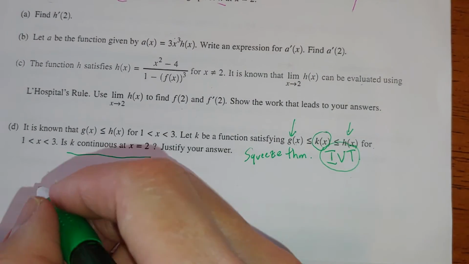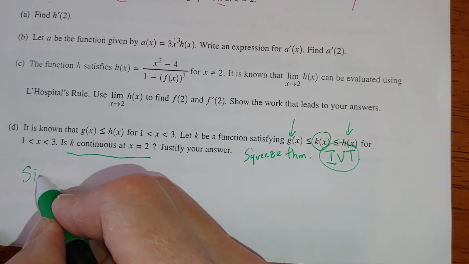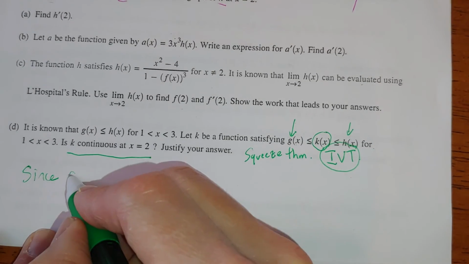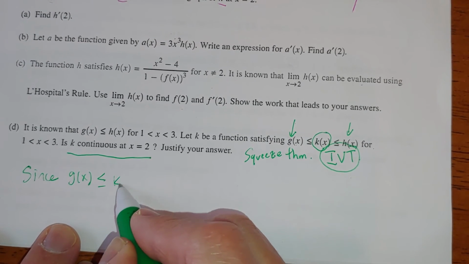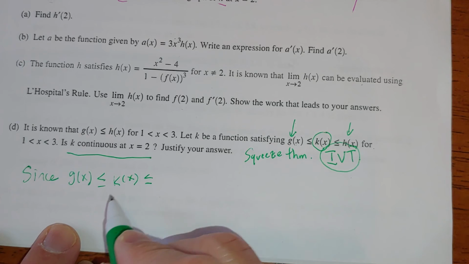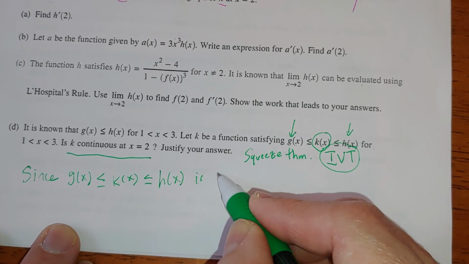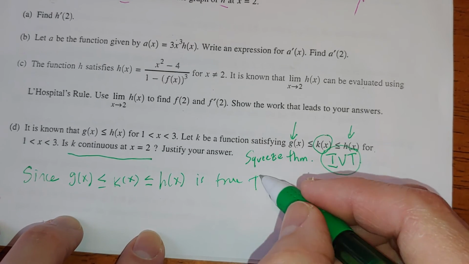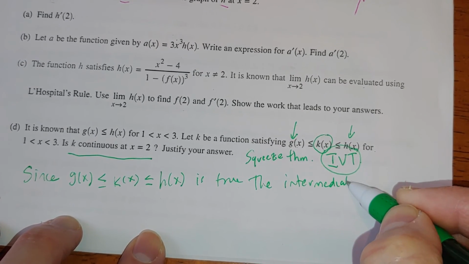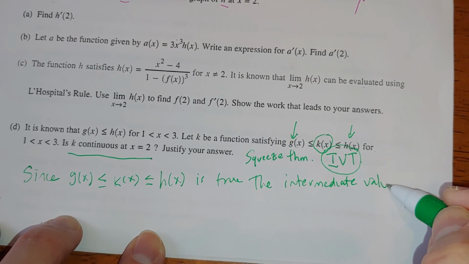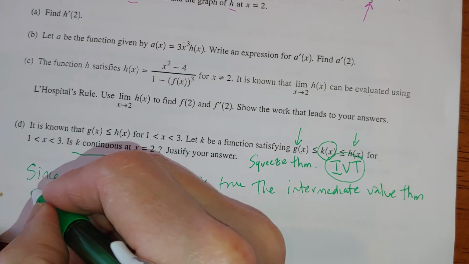So even though the scoring guide uses the squeeze theorem, I think we can say something like, since g of x is less than or equal to all the y values of k, which are less than all the y values of h, is true, the intermediate value theorem, and we don't have to say the name of the theorem, remember we talked about in that class, the intermediate value theorem applies.